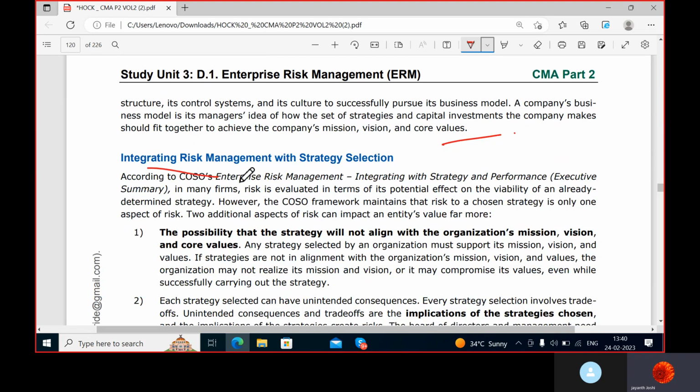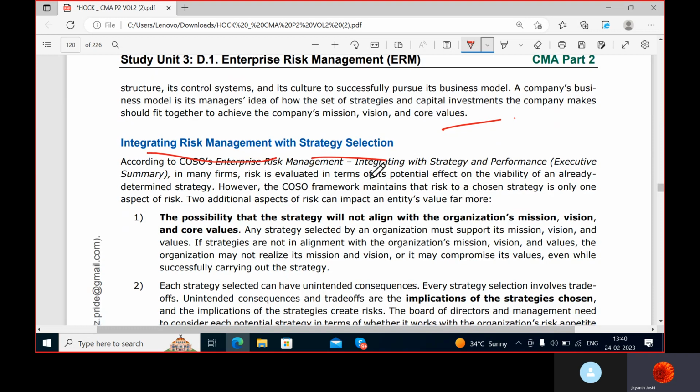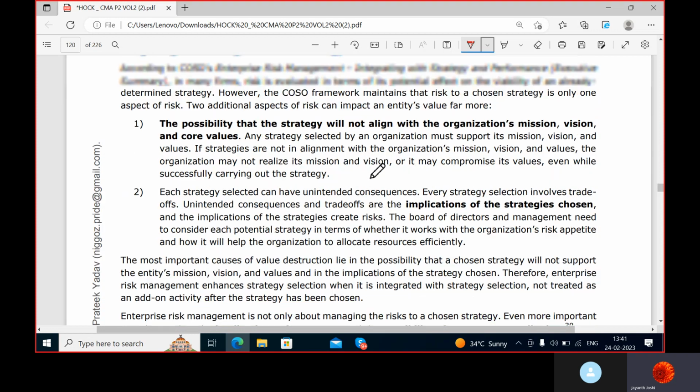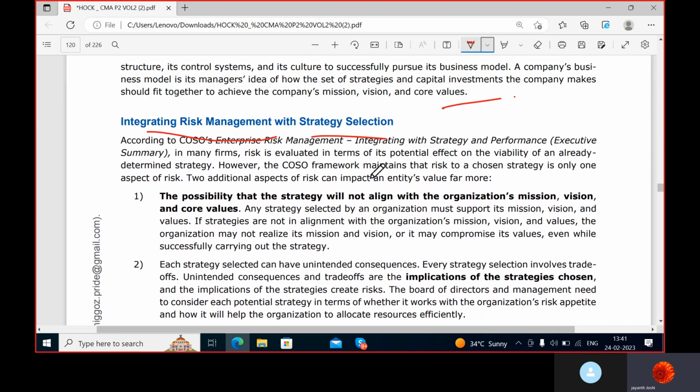Now, integrating risk management with strategy selection. The organization works with a mission, vision, and some values. They set goals and make strategies to achieve them. The only thing is, we are introducing this risk aspect in the strategy making process.